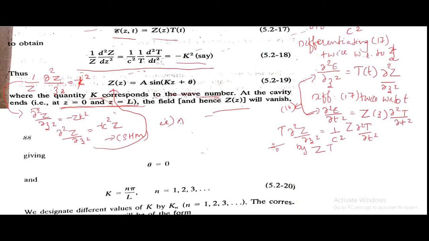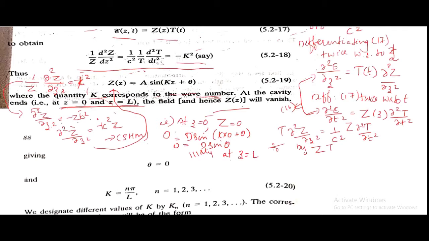Thus we can write, at z = 0, capital Z = 0. That is, 0 = D sin(k·0 + θ), where instead of A we substitute another constant D, or we can write 0 = D sin θ.